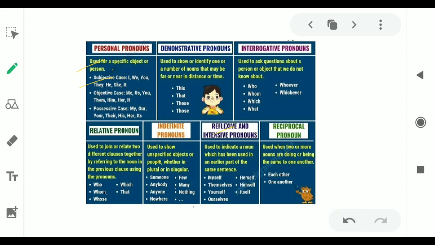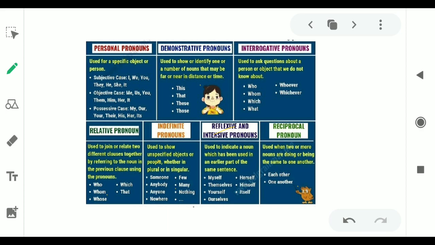In possessive case, I becomes my, we becomes our, you becomes your, they becomes their, he becomes his, she becomes her, and it becomes its. These all are personal pronouns.